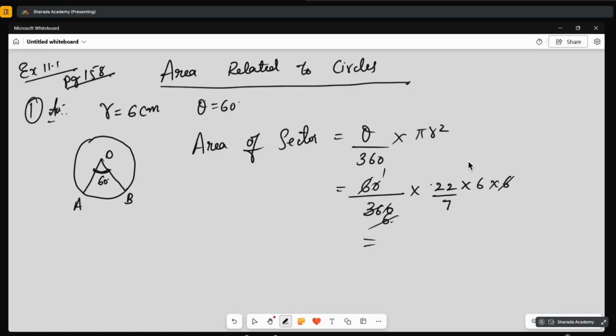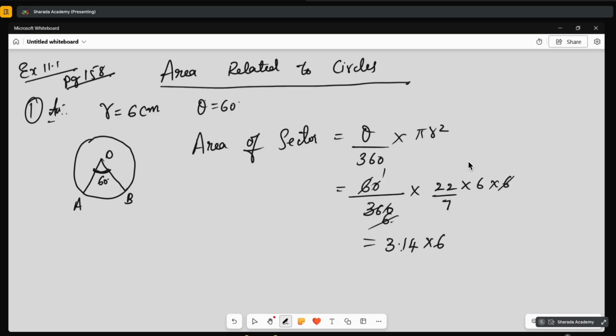22 by 7, you can take it as 3.14. 3.14 into 6 is the answer. Whenever you can divide by 7, take it as 22 by 7. Whenever you cannot divide, take it as 3.14.